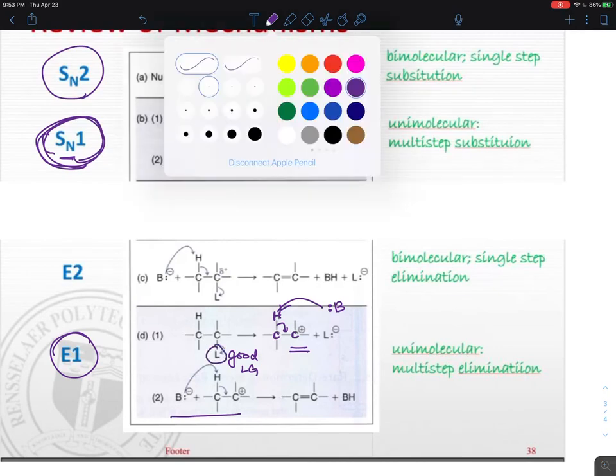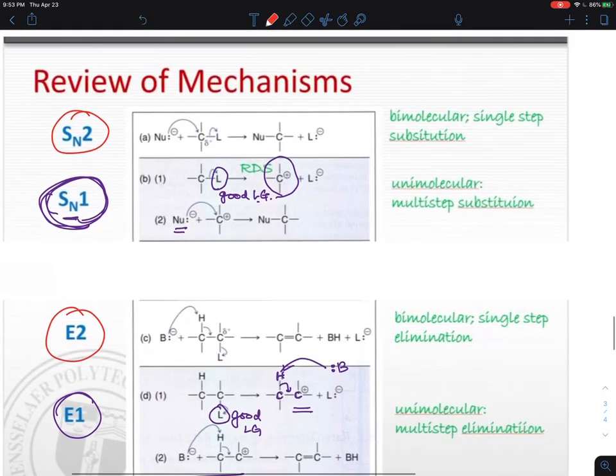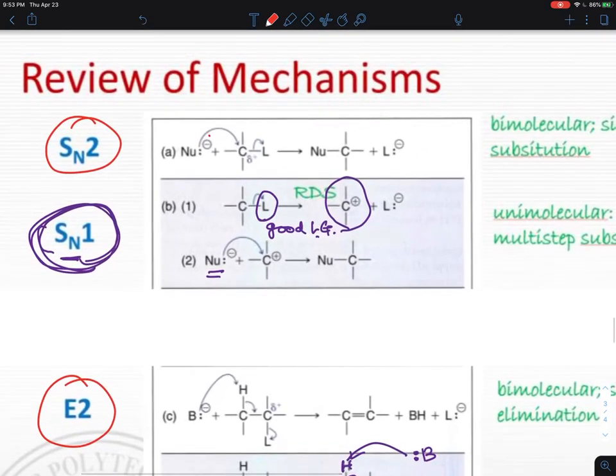But now let me use a different color for the bimolecular reactions, SN2 and E2. This is where the emphasis is a lot more. If your nucleophile is very strong, it is going to push and force the leaving group to leave. So this one means you are talking about a strong nucleophile.